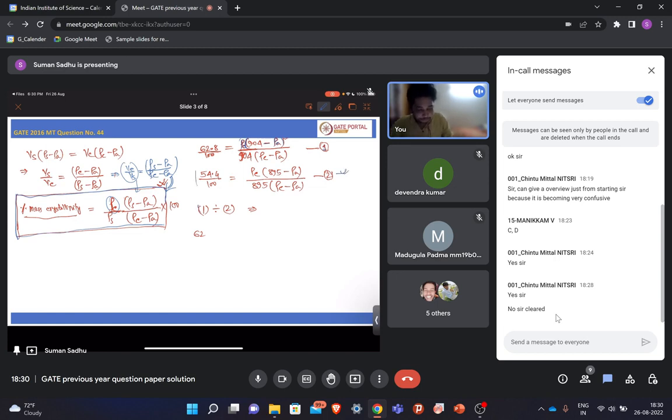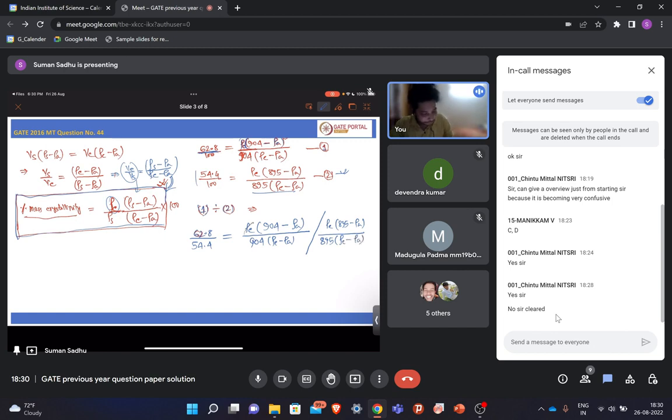So now if we simply divide equation 1 by equation 2, on the left hand side it will be 62.8 divided by 54.4, and the right hand side it will be rho c into 904 minus rho a divided by 904 into rho c minus rho a. This whole part will be divided by this one, rho c into 895 minus rho a divided by 895 into rho c minus rho a, right?